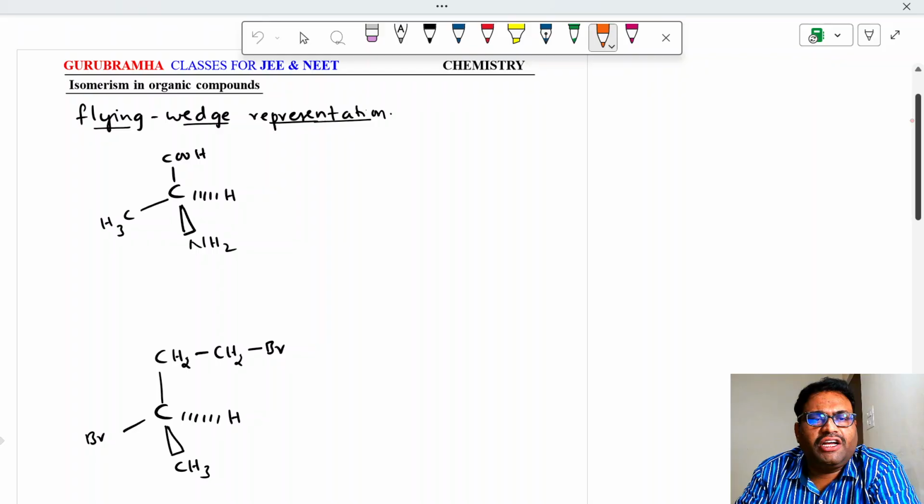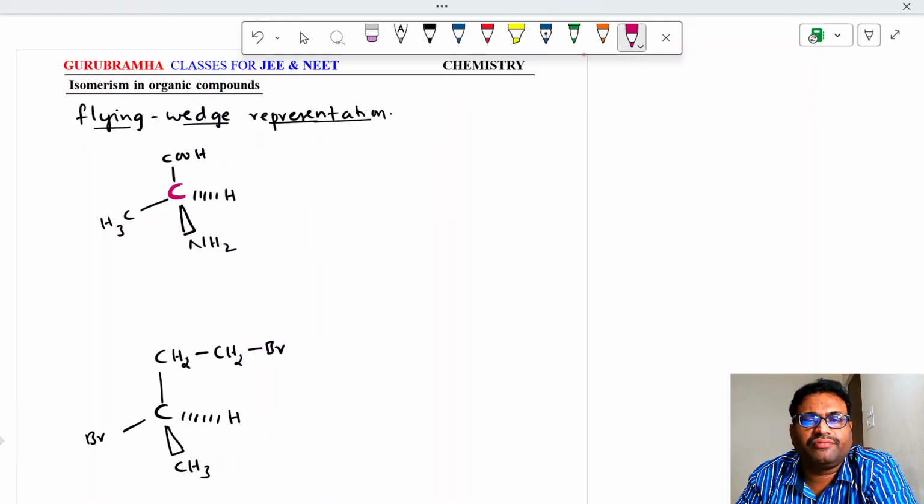So now we are representing the flying wedge representation. In this flying wedge representation, you see this carbon atom is attached to 4 other groups: hydrogen, COOH, CH3, NH2.